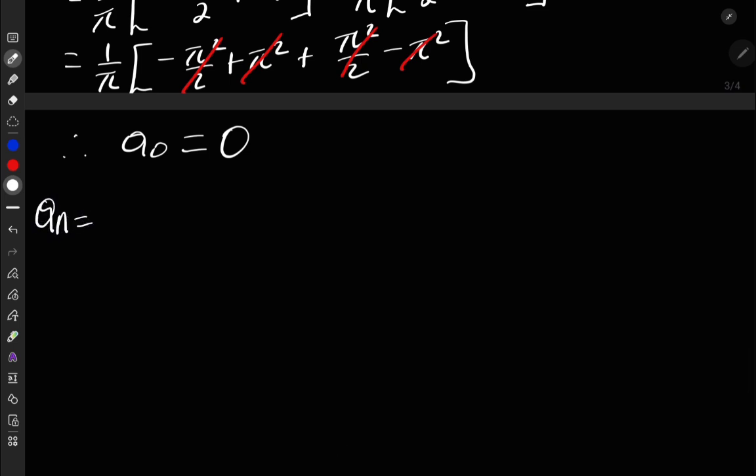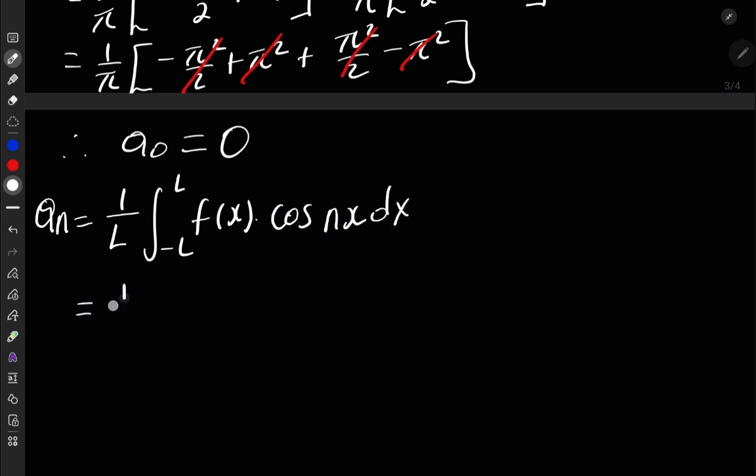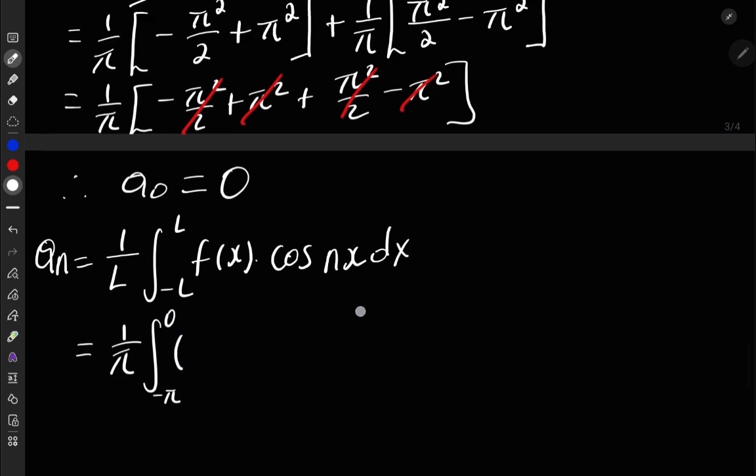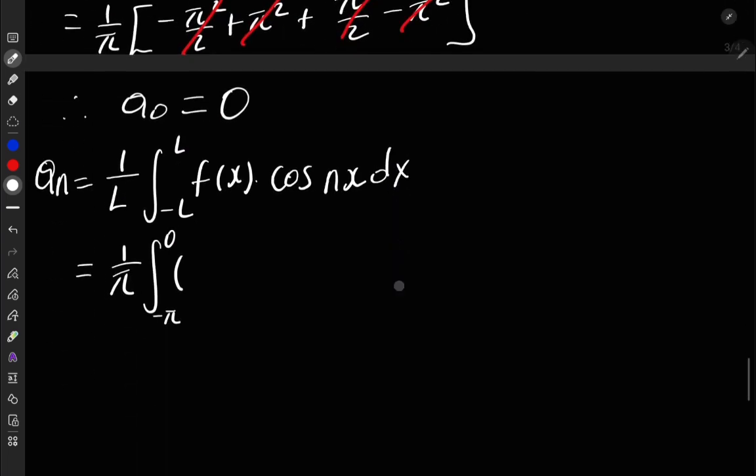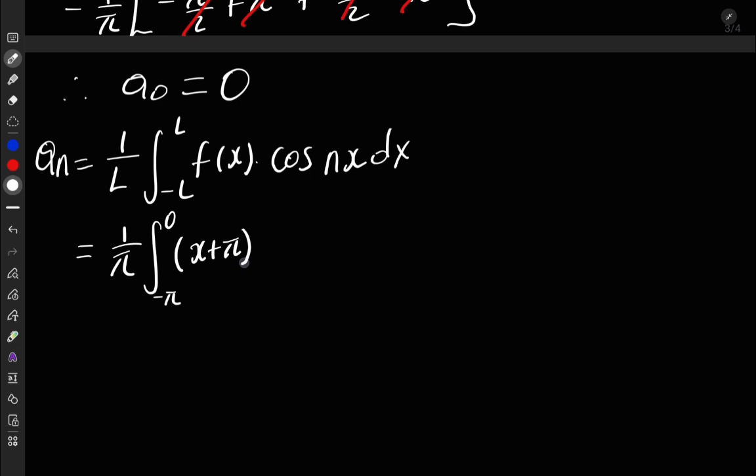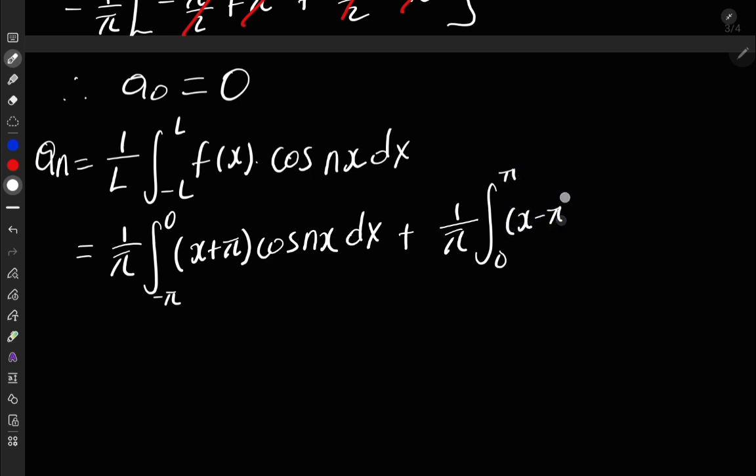an is equal to 1 over L integration from negative L to L of f of x times cos nx dx. 1 over pi integration, we know that our first function starts from negative pi to 0, and it's of x plus pi, and then cos nx dx, plus 1 over pi integration from 0 to pi of x minus pi cos nx dx.